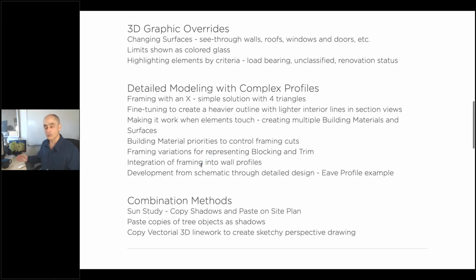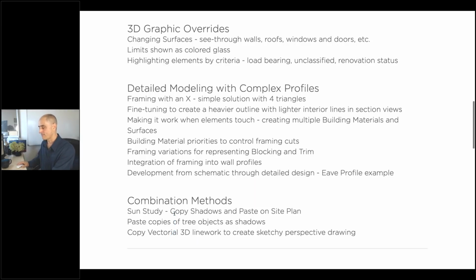Integration of framing into the wall profiles, I showed you that. And now development from schematic through detailed designs, the Eve profile example, and then we're going to do a little sun study. We already did the vectorial 3D line work, so sun study to get a site plan that has shadows on it that are generated automatically by the program. So 2 things left, the Eve profile and the sun study shadows.